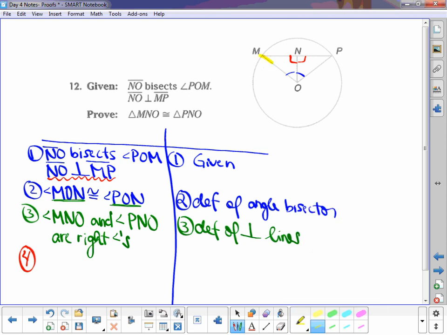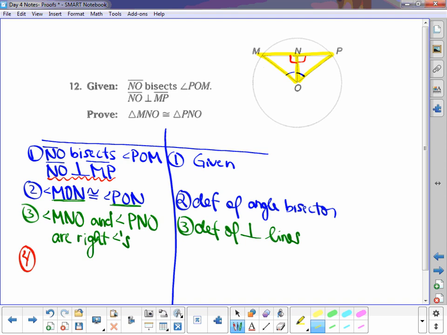Ryan, go and help him out. Well, the next step is angle MNO is congruent to angle PNO. Good, so we need to have that those two angles are congruent. Because right now, I only have shown one angle is congruent.